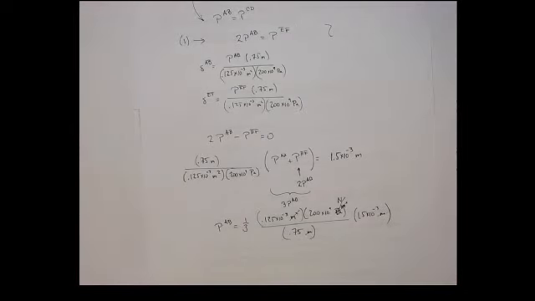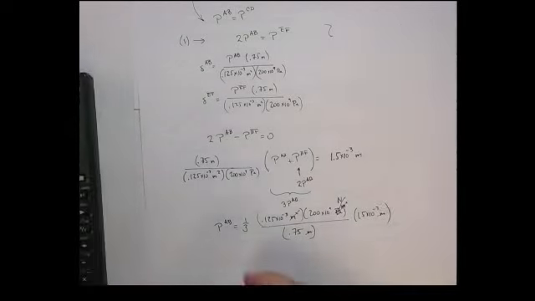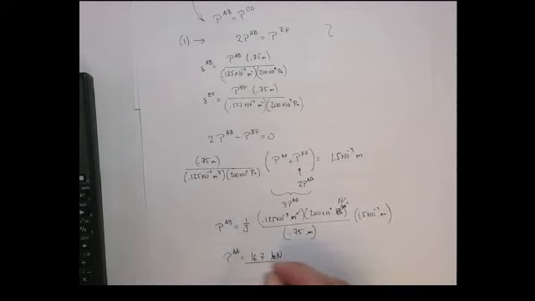So when I do that, with my calculator, PAB is actually equal to 16.7 kilonewtons, okay?